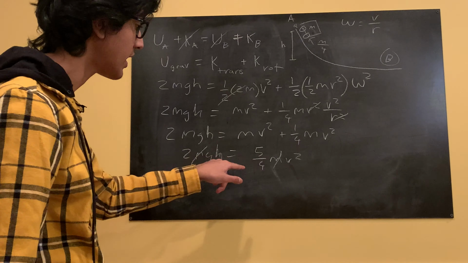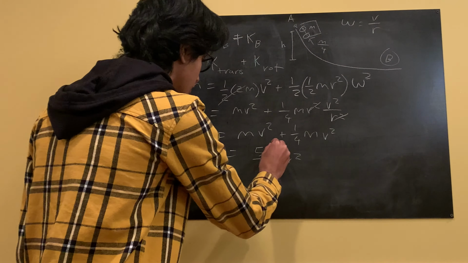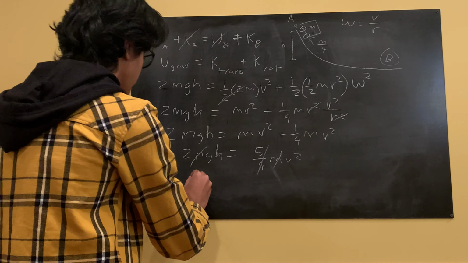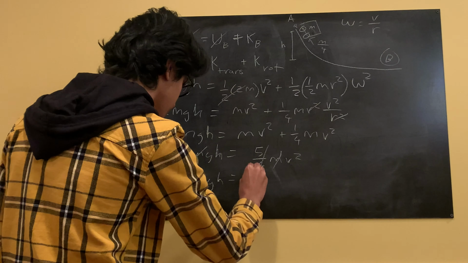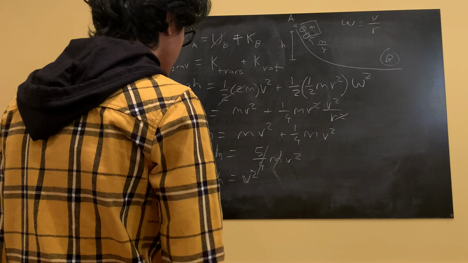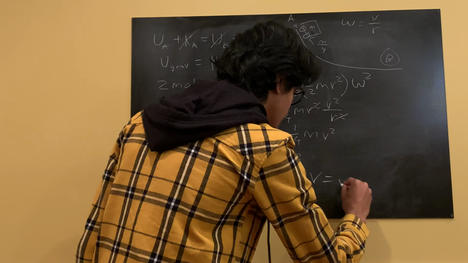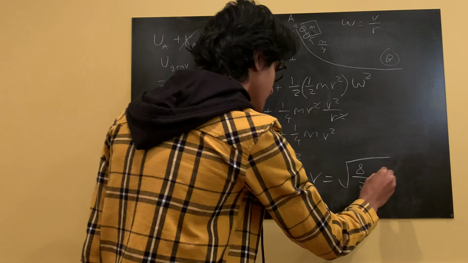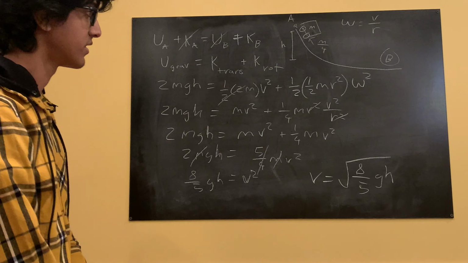Multiplying this by 4 over 5 will make it 1. Multiply this side by 4 over 5. So cancel that out. Multiply this by 4 over 5, we get 8 over 5 gh is equal to v squared. So now we square root both sides and we get our final answer: v is equal to the square root of 8 over 5 gh. There it is, our velocity at the bottom.